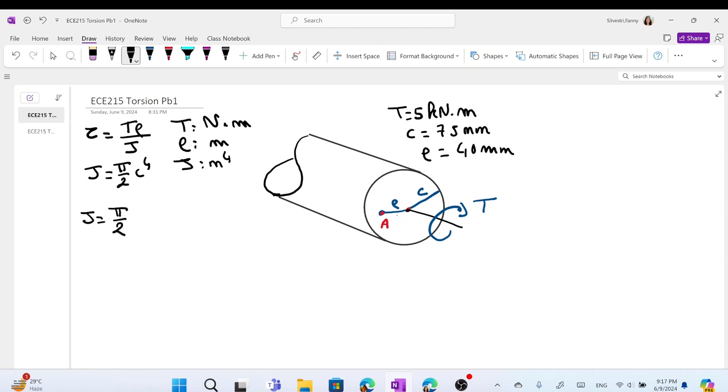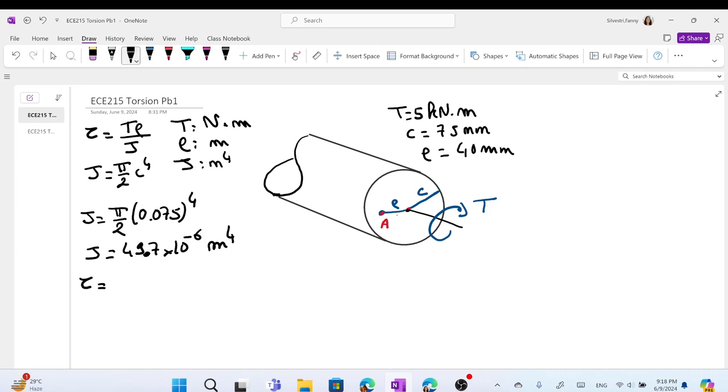C here is 75 millimeters, the outside radius, the largest distance, so 0.075 to the fourth. So J equals 49.7 times 10 to the minus 6 meters to the fourth. It's usually a very small value depending on your units, but we like to use 10 to the minus 6 engineering notation.